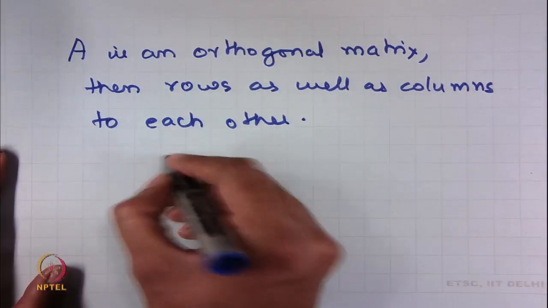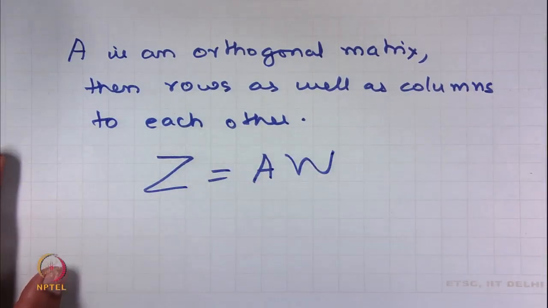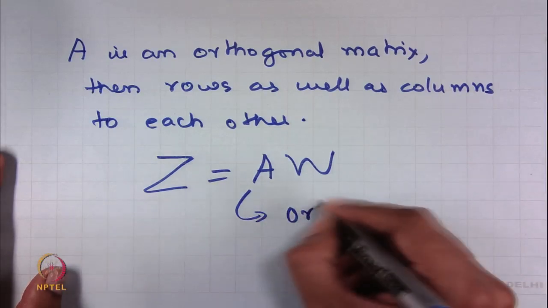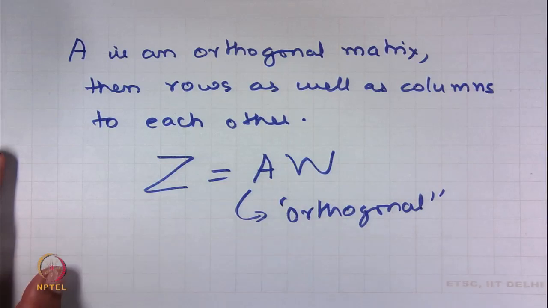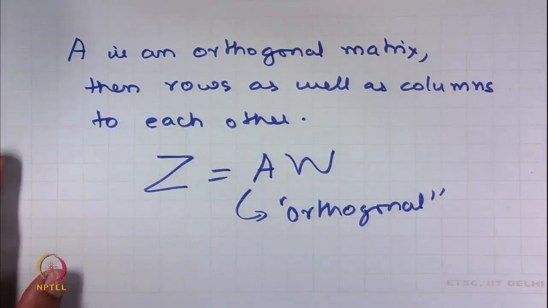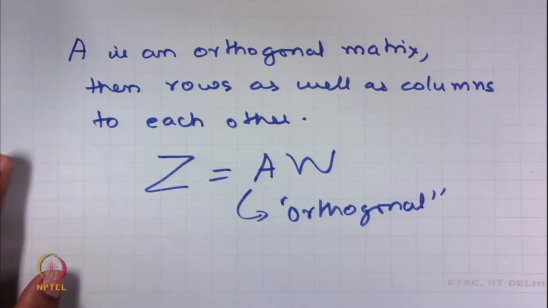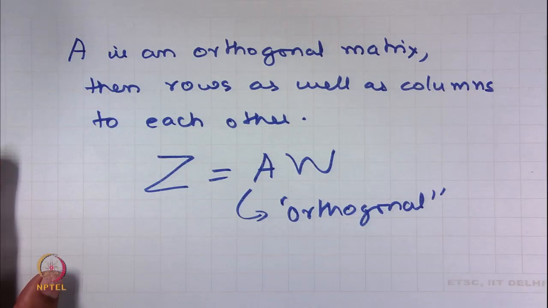Thus, if you have this linear transformation Z is A times W, and if you assume A to be orthogonal, then what you ensure is that these elements of Z, which are Z1, Z2 and Zn or Zm, are uncorrelated. Okay.